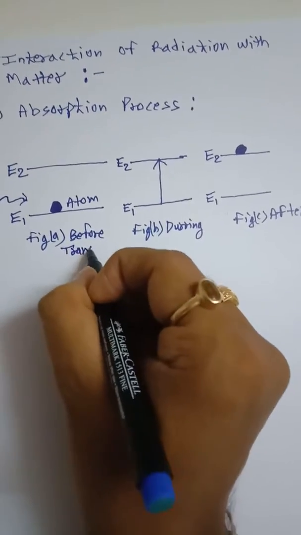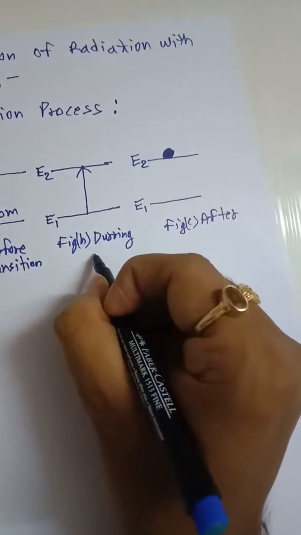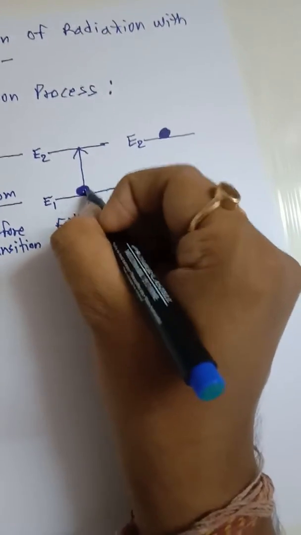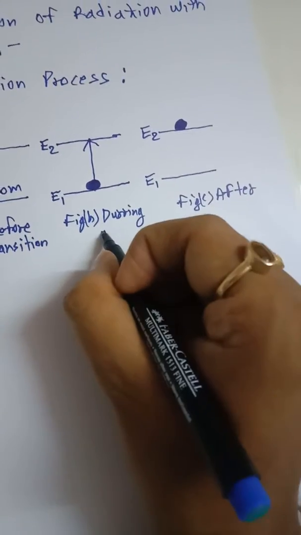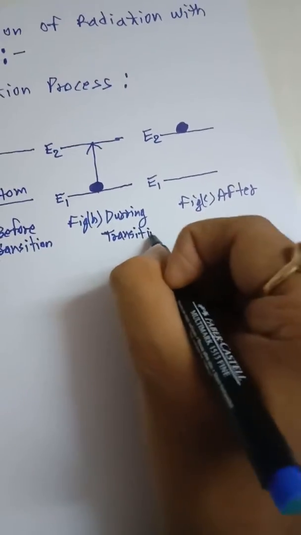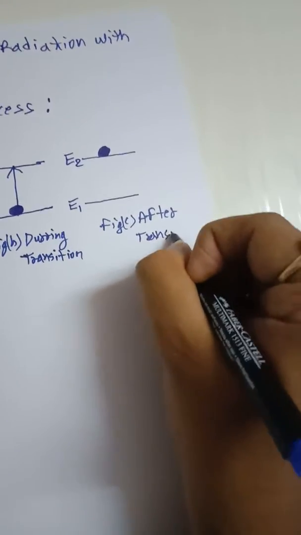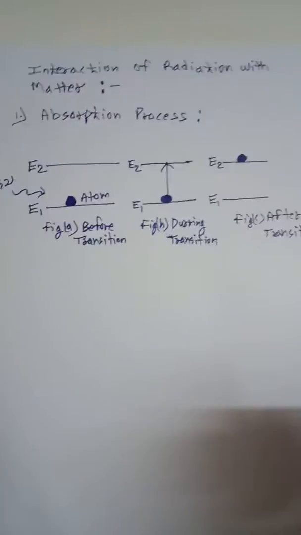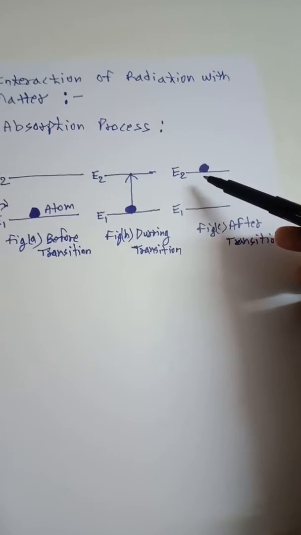Before transition, the atom was in the ground state. During transition, the atom is in the ground state and is trying to go into the excited state. And after transition, the atom will come to the excited state. What is the meaning of this?